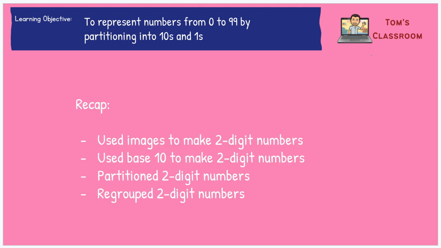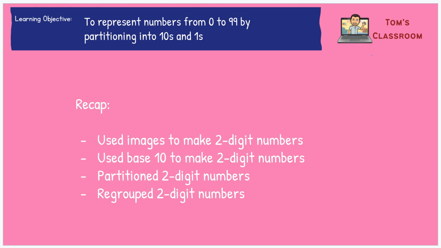Well done everyone, so that's the end of today's lesson in Tom's classroom, where we were representing the numbers from 0 to 99 by partitioning them into tens and ones. Now to keep practicing this, what you can do is get some cubes or counters and count out any random number.